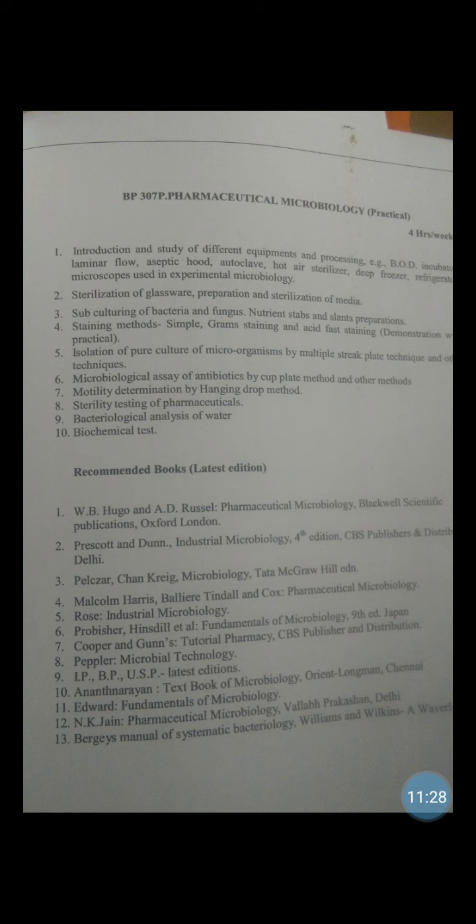Then wash the slide with tap water and counterstain with 1% aqueous malachite green or methylene blue solution for 1 to 2 minutes and wash the smear. Then dry the slide and observe under the microscope using the oil immersion objective.